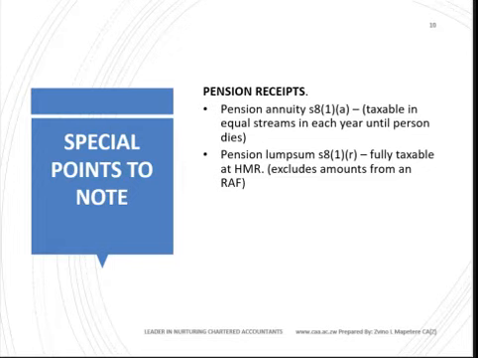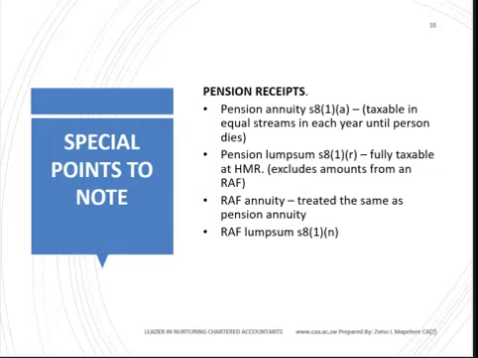Retirement annuity fund annuities are treated the same as pension annuities under Section 81A, whereas the lump sum is covered under Section 81N. Section 81N talks about the commutation of a retirement annuity lump sum, and what will be taxable is the third of that commutation.